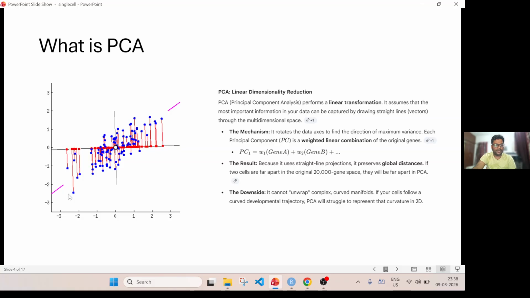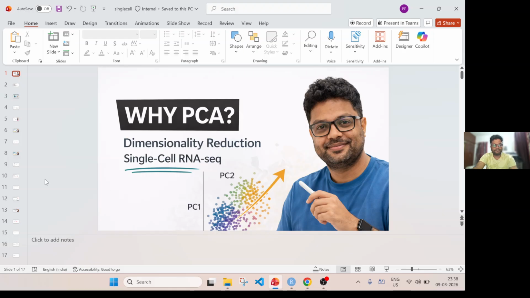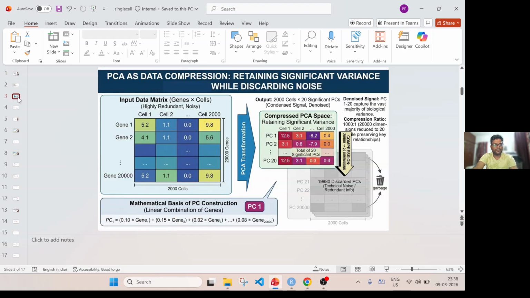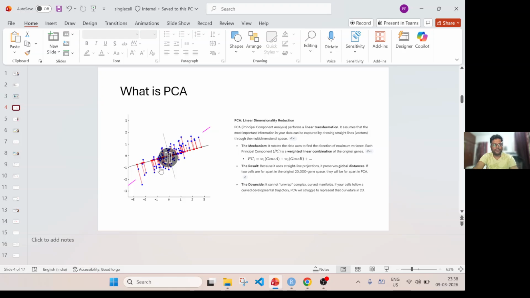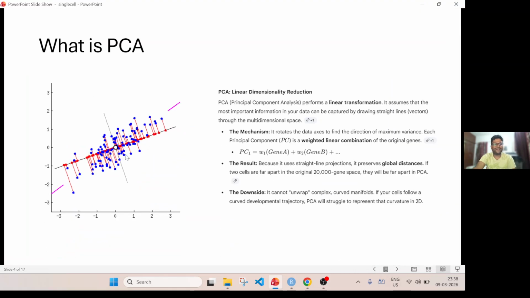But what PCA does is it stops here. This is the direction where your maximum variance is.